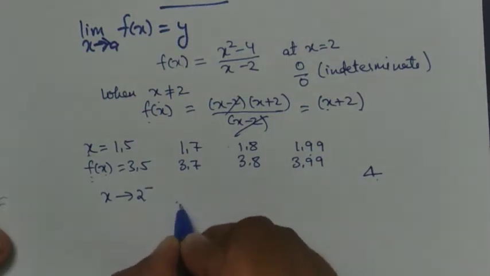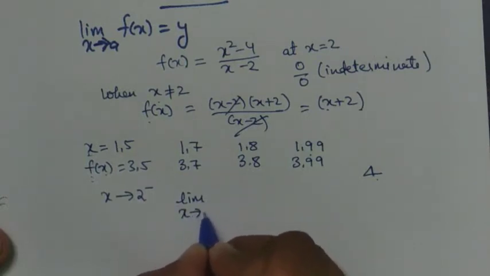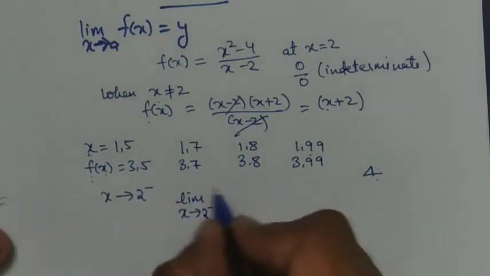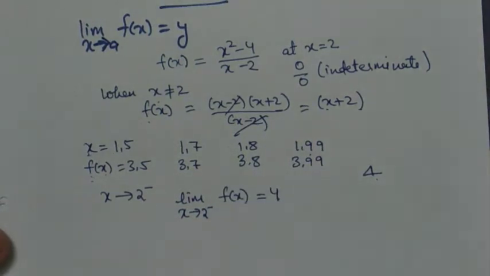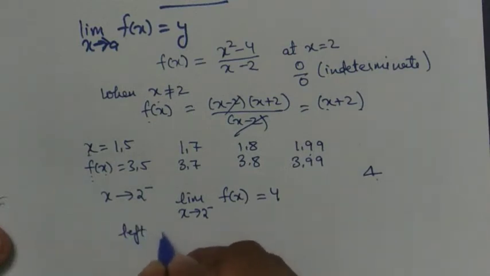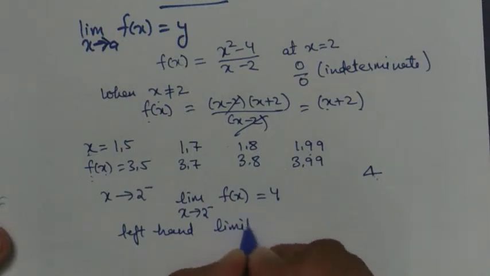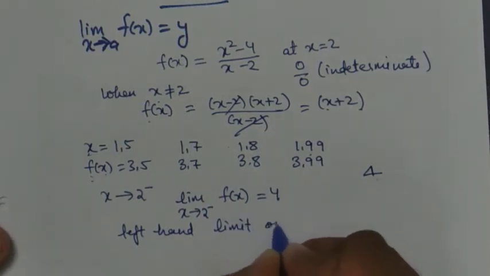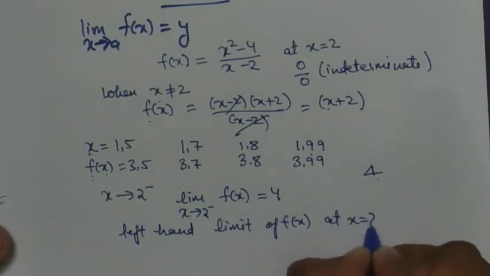Here in this case, the limit as x tends to 2 minus of f(x) will be 4, and it is called the left hand limit of f(x) at x equal to 2.